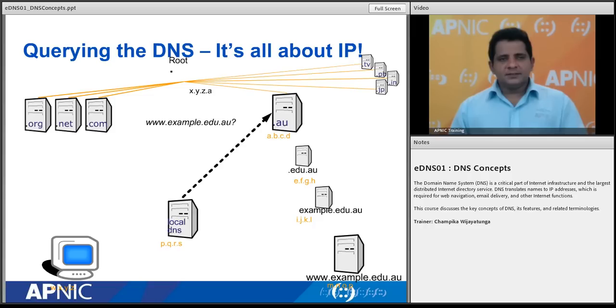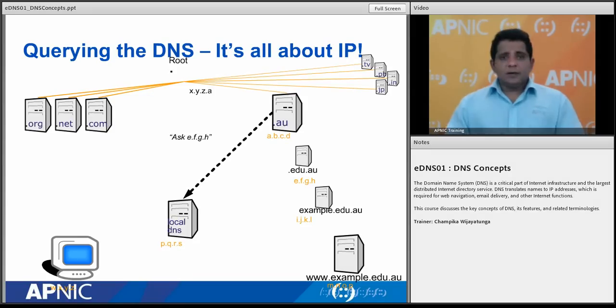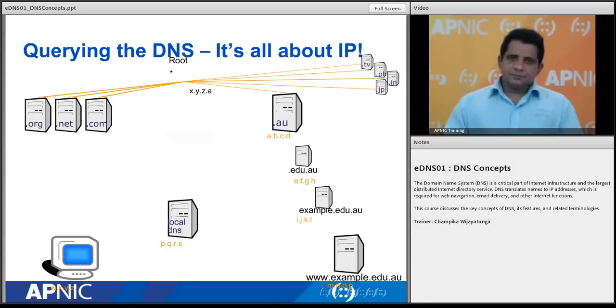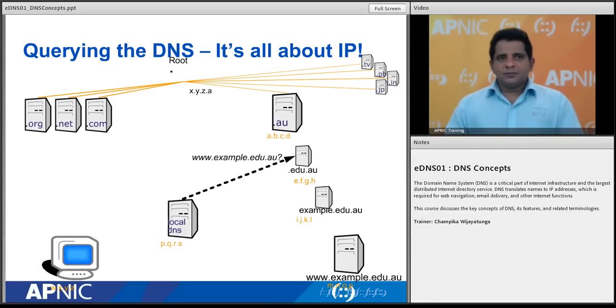Now these .au name servers can be scattered around as well. In other words, they are the primaries or secondaries of .au. Okay. Now the question is again the same question. Give us the IP address of www.example.edu.au. Now this has been asked of the .au name servers.